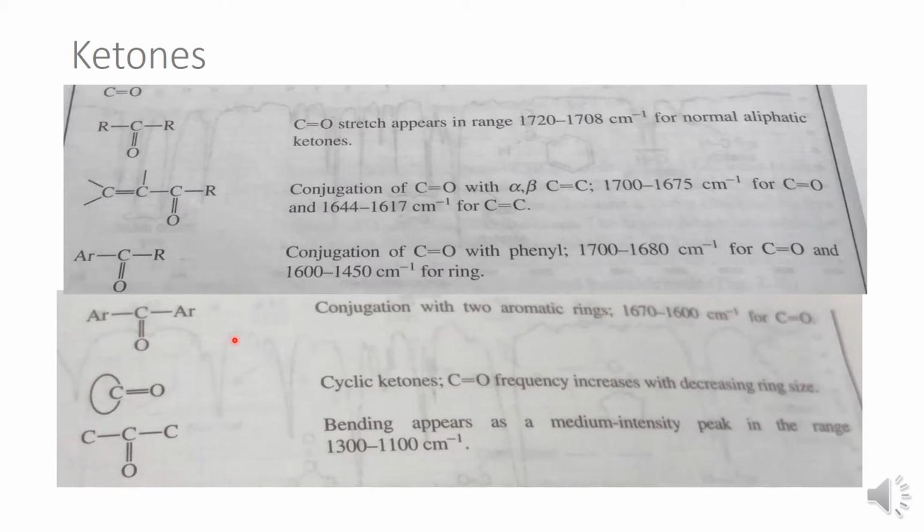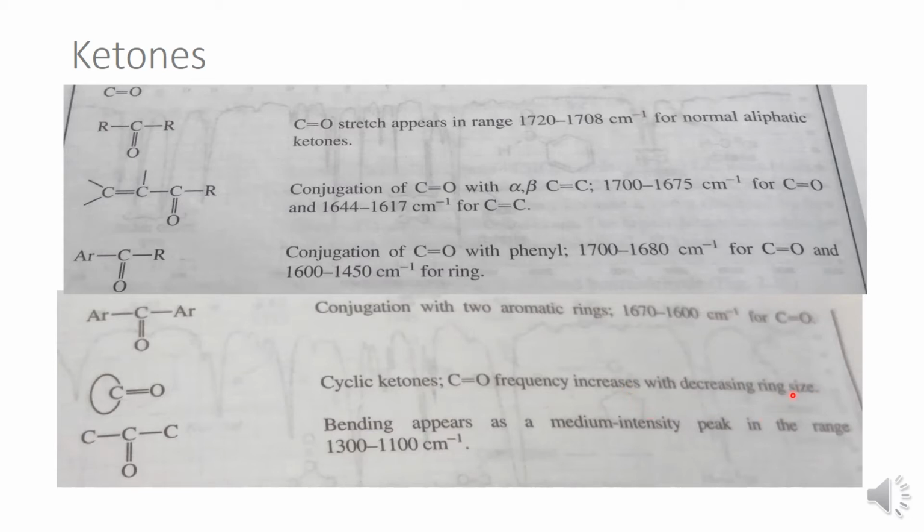Conjugation with two aromatic rings gives a carbonyl stretching frequency of 1670 to 1600 per centimeter. Again the value decreases due to this conjugation with two aromatic rings. In the case of cyclic ketones, the carbonyl stretching frequency increases with decreasing ring size.